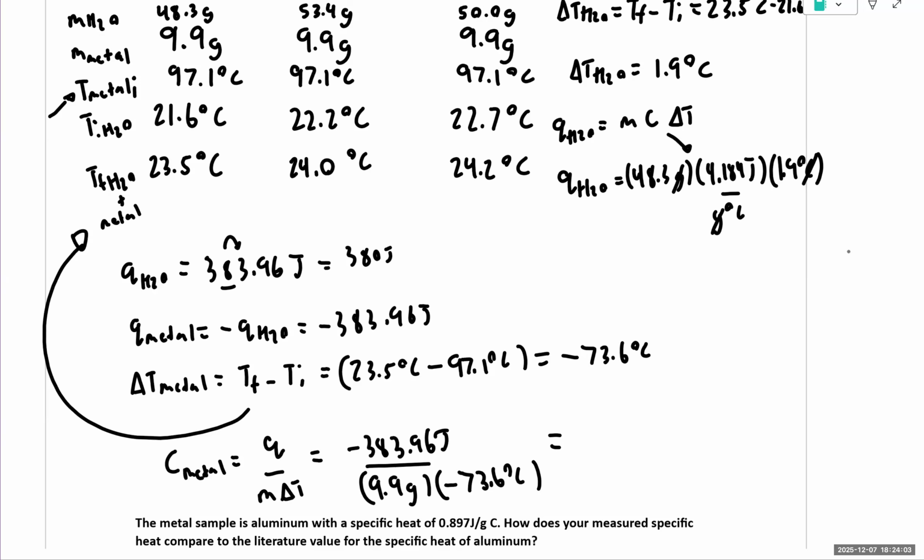So we're going to divide by 9.9, and then we're going to divide by 73.6. This gives us a specific heat of 0.5269 joule per gram degree Celsius, that we in turn round to 0.53 joule per gram degree Celsius.